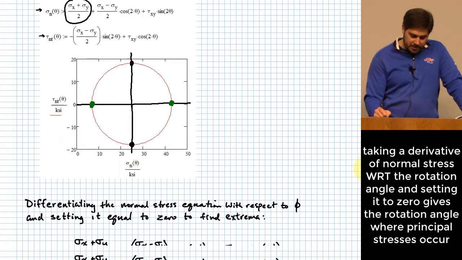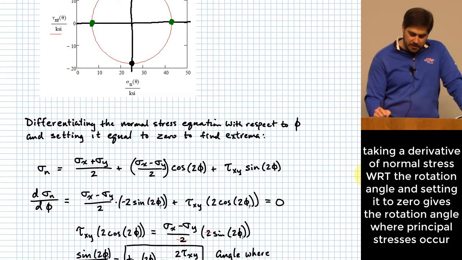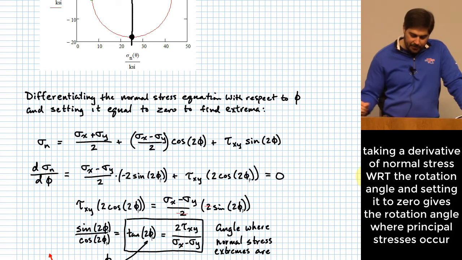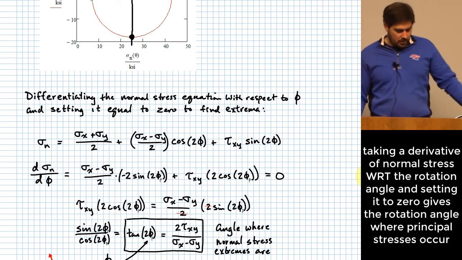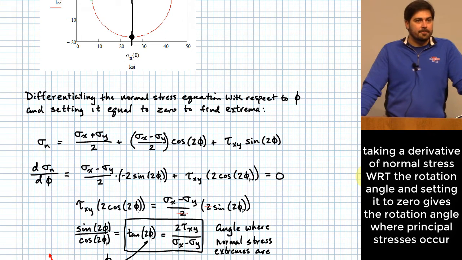Once we get these expressions up here, one of the things we can do is take a derivative and set it equal to 0. Why might that be helpful? One of the things that you can do out of calculus is you can find extremes.